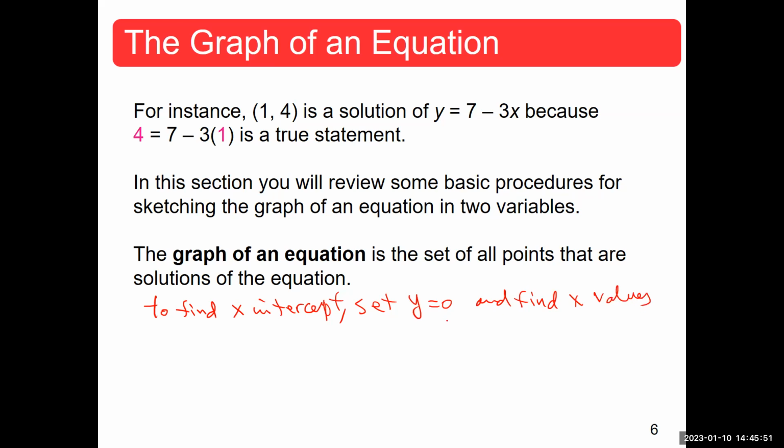That's for any graph, okay? For any equation. We're going to learn a lot more. We're going to have quadratic equations, cubic equations. So that rule will fit for any of them. Right now we are looking at the line equation.